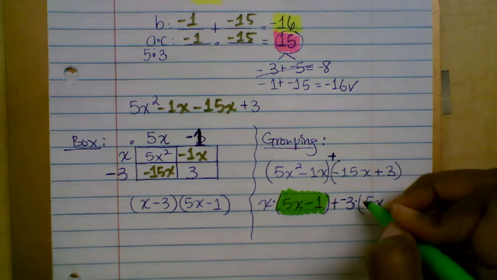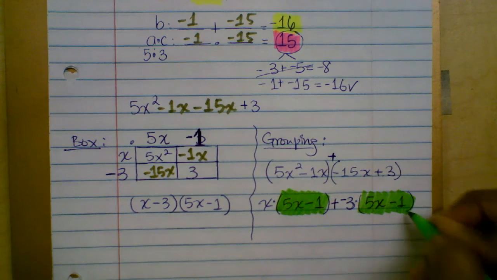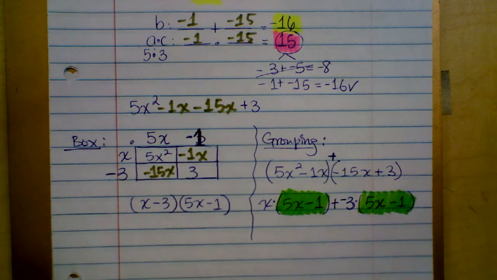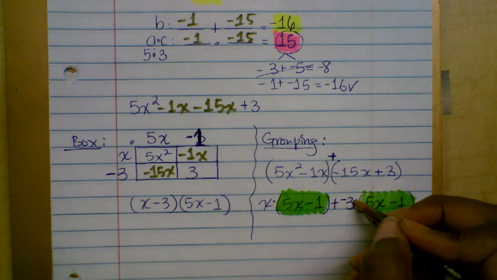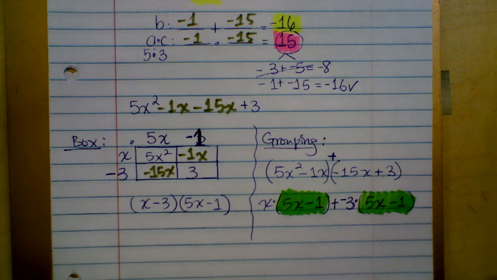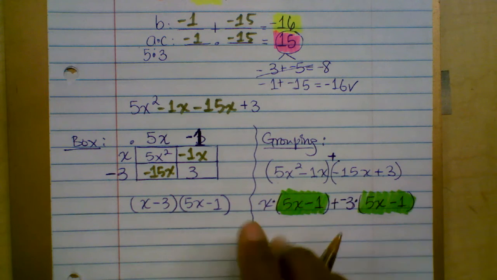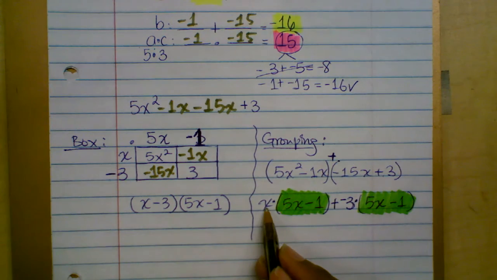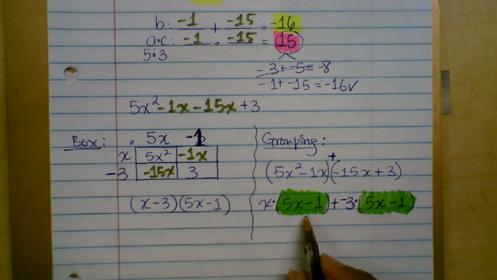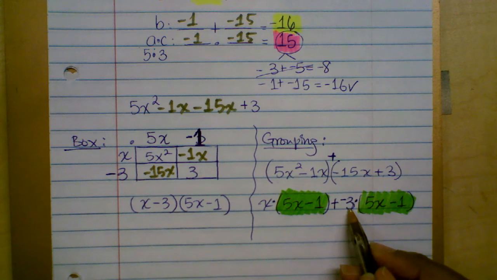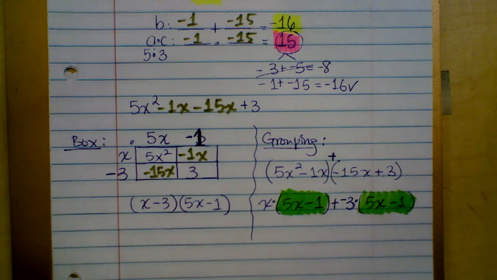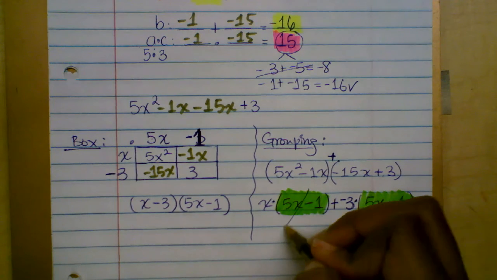So what you do by grouping, you have to make sure that the factor on the left must match with the factor on the right. The factor I'm referring to: when the operation between two terms is multiplication, we call each term a factor. So x is a factor, 5x minus 1 is a factor, -3 is a factor, and 5x minus 1 is also a factor. So again, you're going to pull out the common factor.